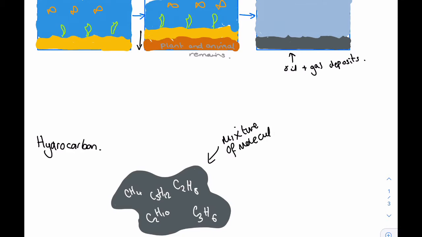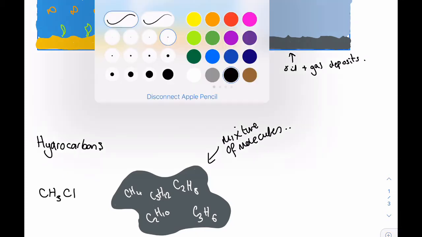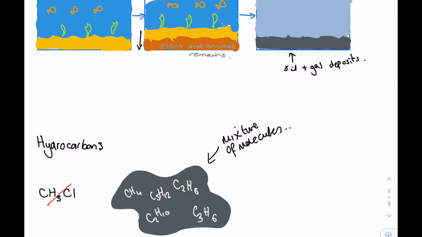And hydrocarbons are anything with hydrogen and carbon in them, okay? And that's it. So it's hydrogen and carbon only. So it has to have hydrogen, it has to have carbon, and there can't be anything else in it. As soon as you've got a chlorine in that molecule, so say we had CH3Cl, that's no longer a hydrocarbon because it's got a chlorine atom in it.